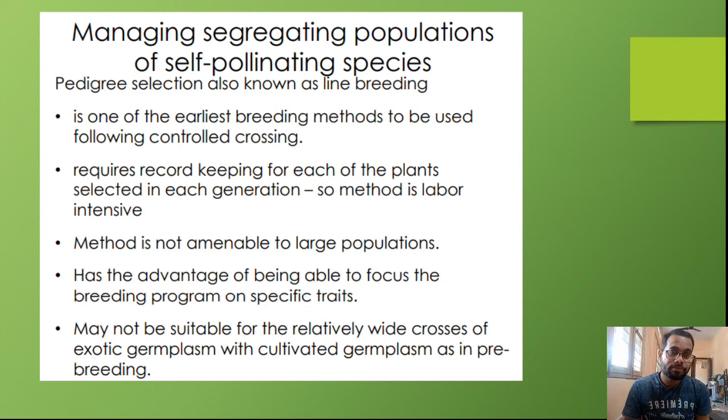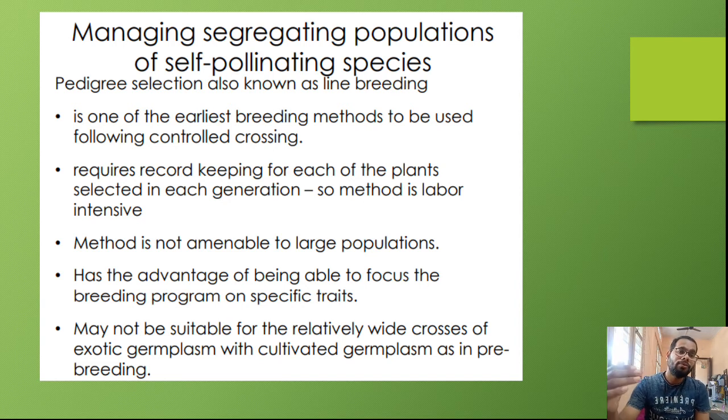Suppose in F3 we are selecting row number 1, plant number 1. I am selecting this row 1, plant 1 from the F2. From which row or plant in F2?